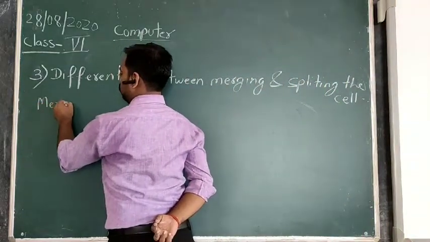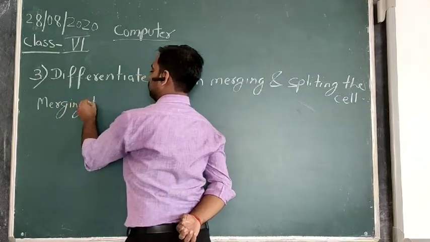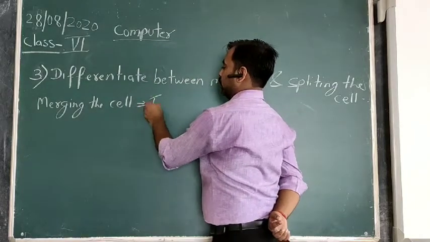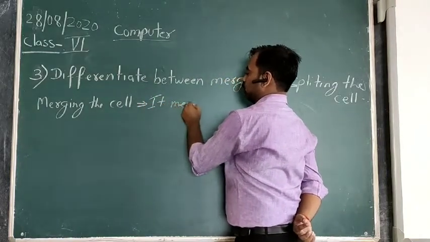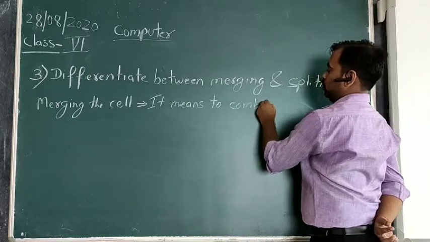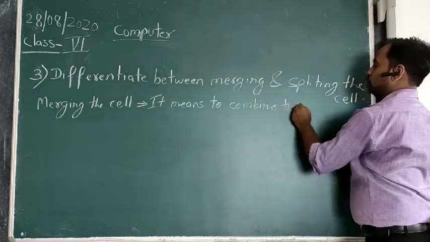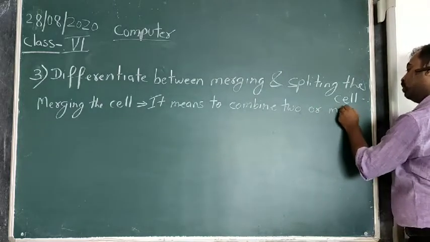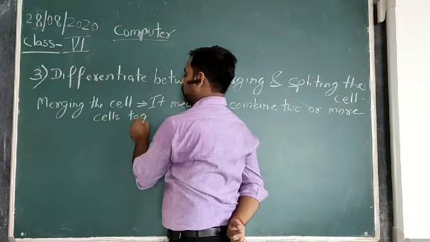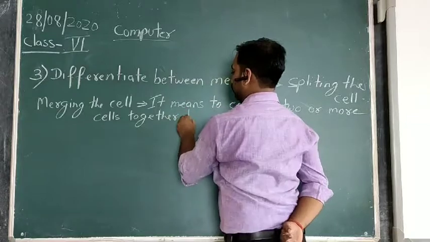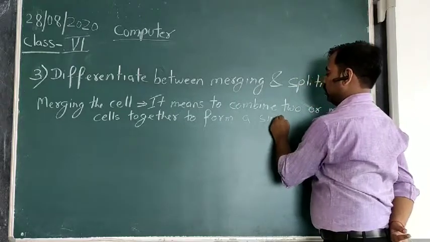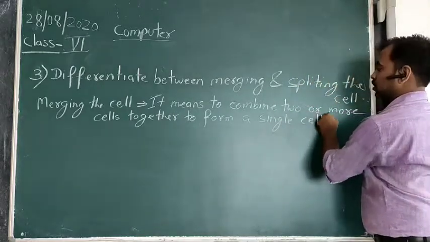So, if we talk about what is merging the cell, it means to combine two or more cells together to form a single cell.